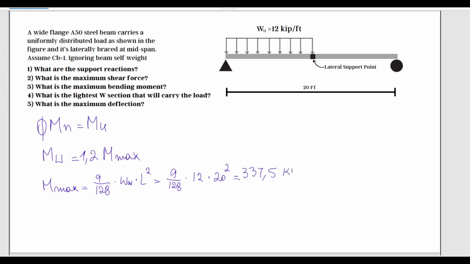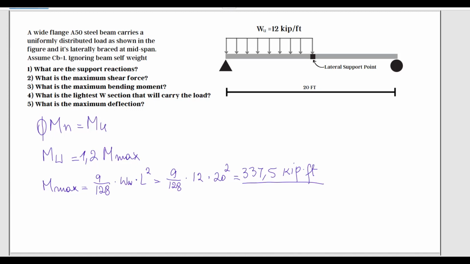which was expected, because this is the value we have calculated before based on calculating reactions and the shear diagram. But see how fast it was to just look up the formula and substitute. It's very important to know where your formulas are, but you're going to get there.